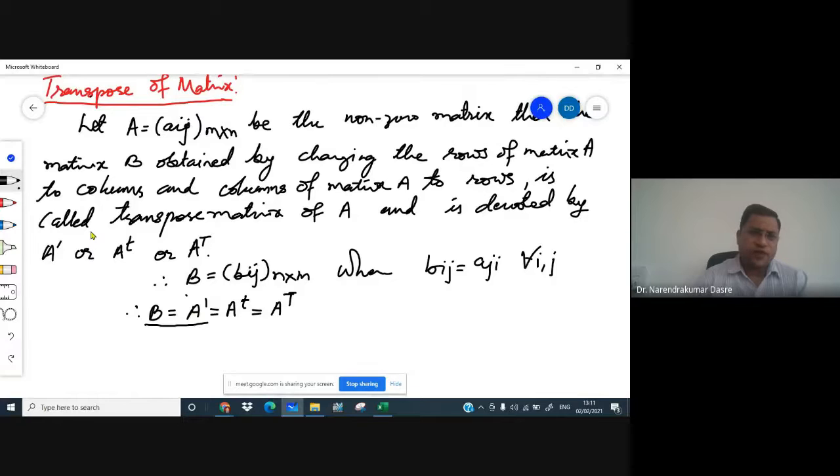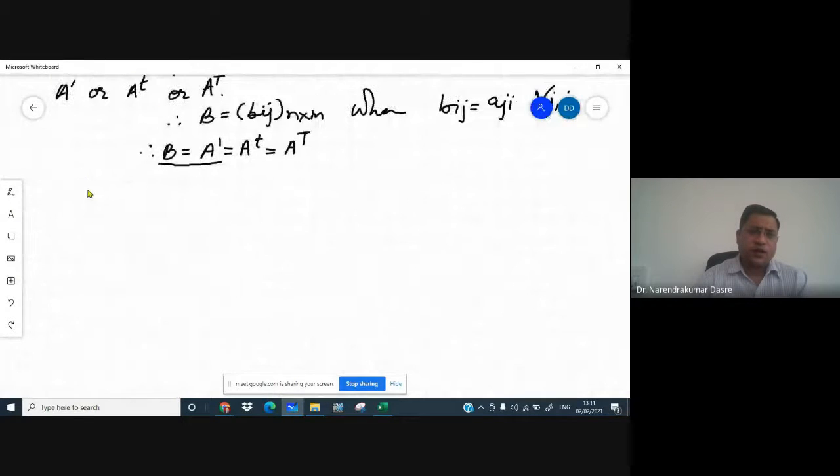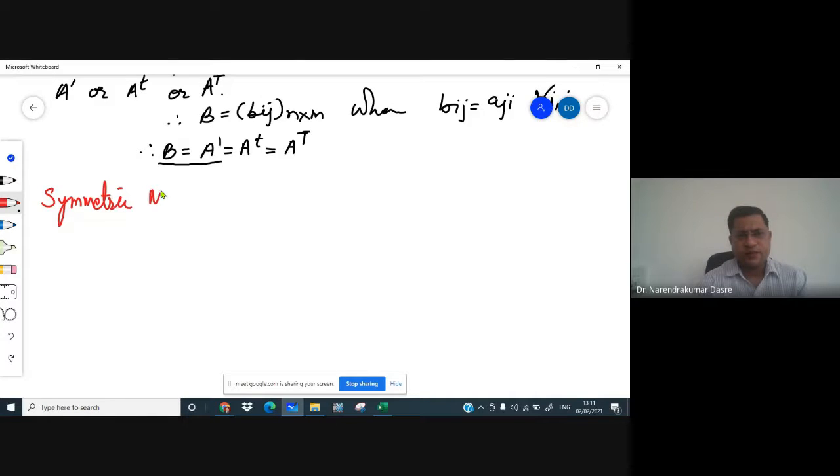Once I have this transpose, using it we are able to define another category or another set of matrices called symmetric matrices.